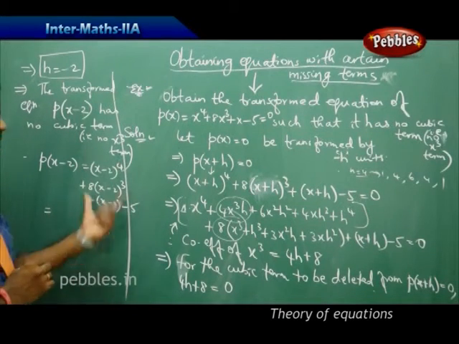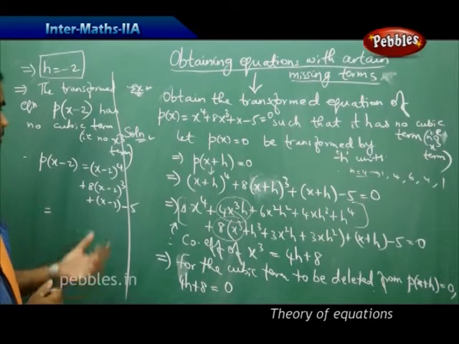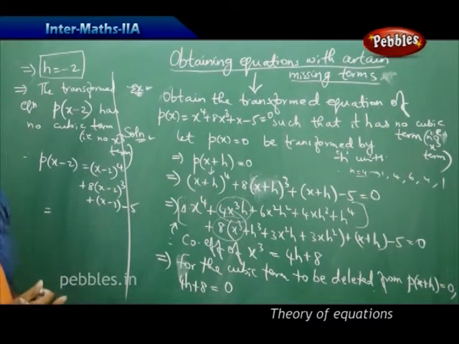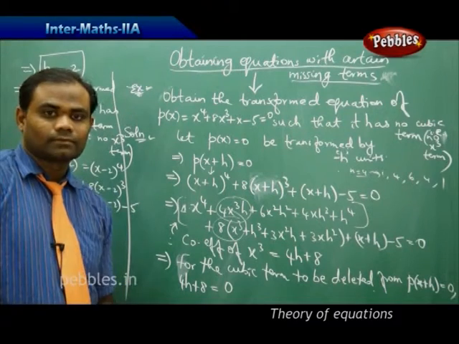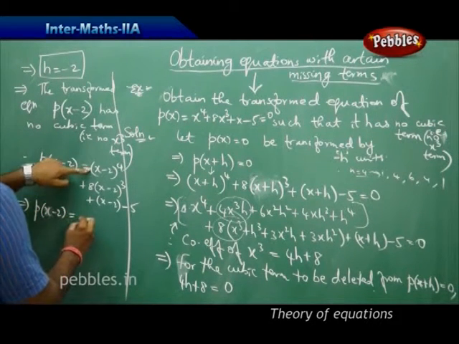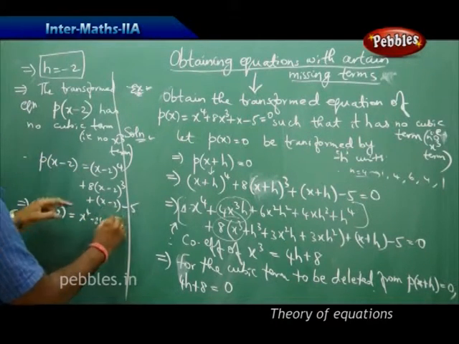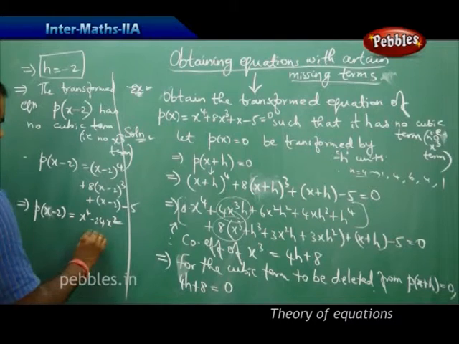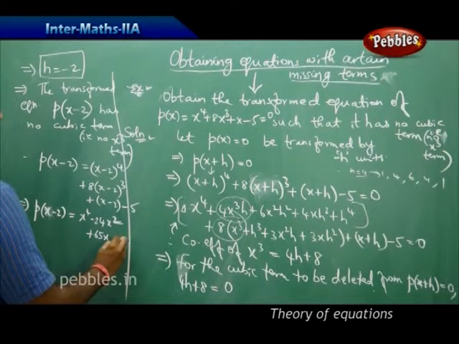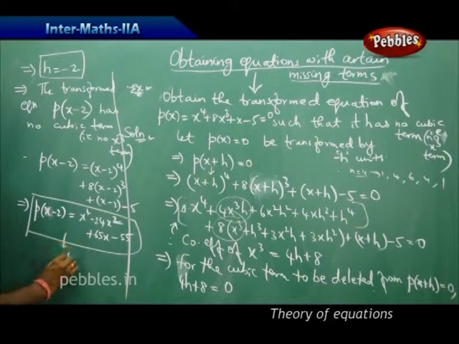And therefore, when I expand, I get a new equation which has no x cube term. So let's expand and see if we have an x cube term missing out there. Therefore, on expansion, P of x minus 2 gives me x power 4 minus 24x square, and then plus 65x, and then finally the constant negative 55, which has no x cube term.